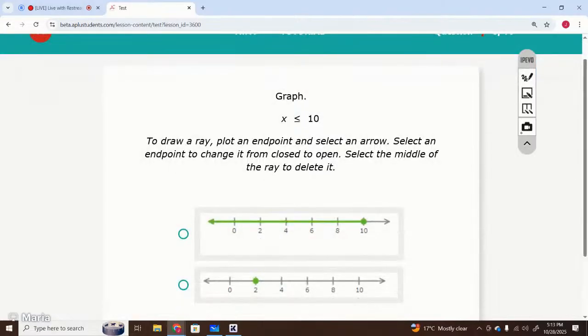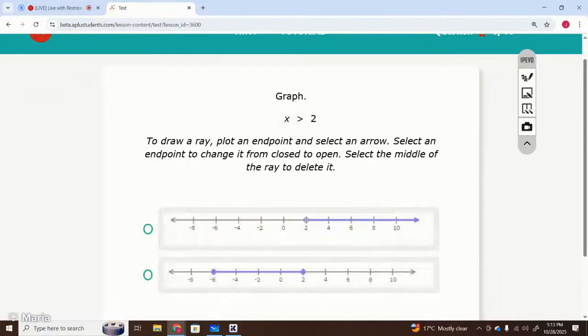X is less than or equal to 10. You have an equal sign here. So 10 is also a solution and all the numbers that are less than 10 are the solution. So option number 1 is the correct option. X is greater than 2.